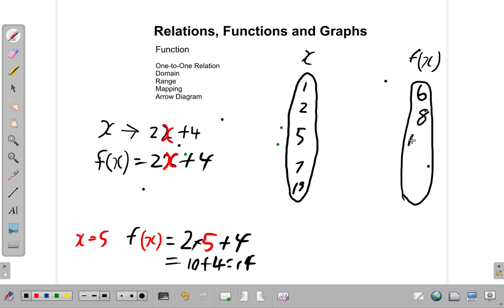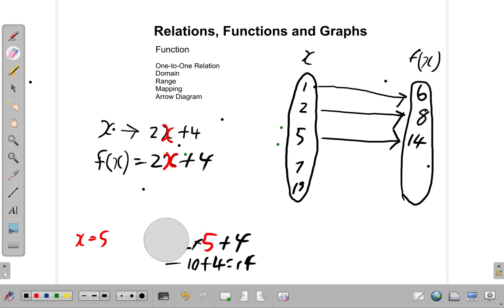So 5 will be mapped onto 14. So what we have so far: 1 is mapped to 6, 2 is mapped to 8, 5 is mapped onto 14. What about 7? Let's look at what happens when x is equal to 7.